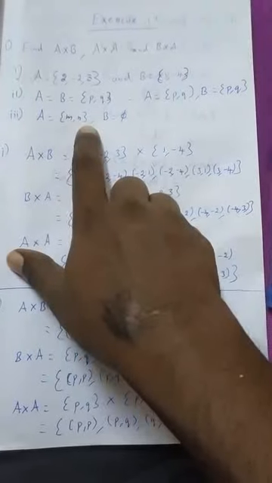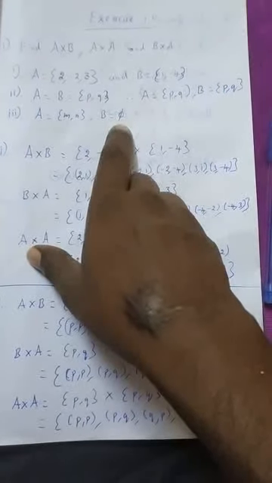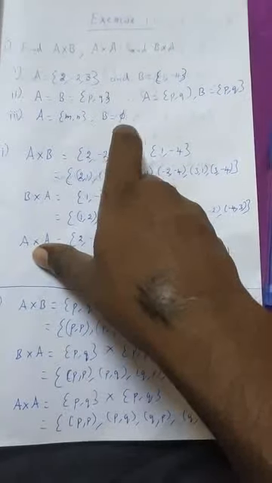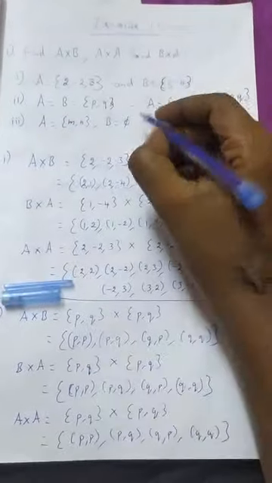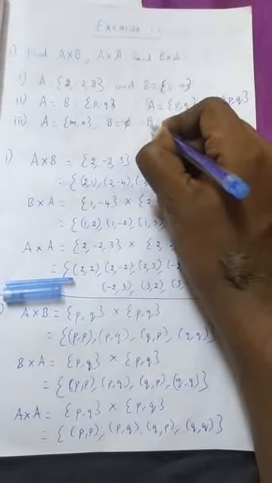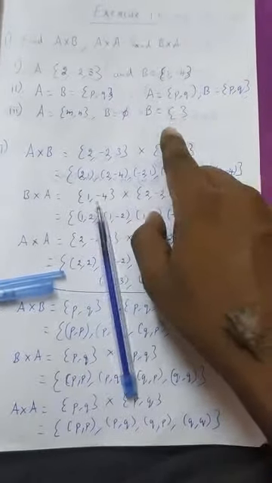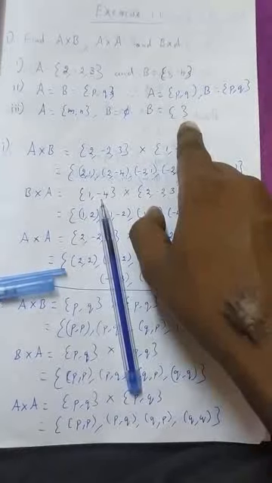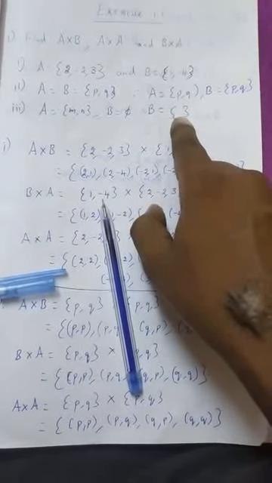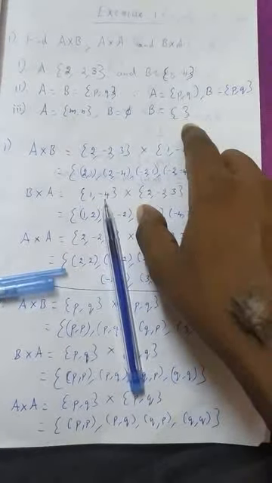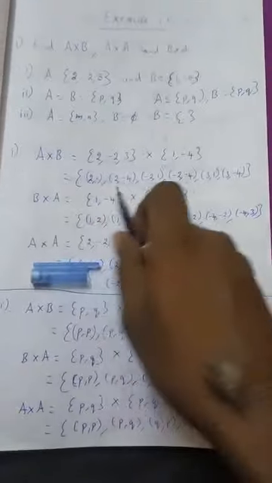A is equal to {m, n} and B is equal to this symbol, which denotes the null set. Null set means empty set. Therefore, B is empty. We close the bracket and open the bracket and close, and inside we don't have any elements. This is called the empty set.